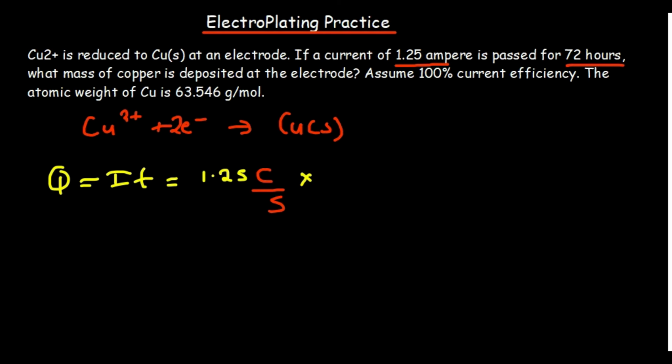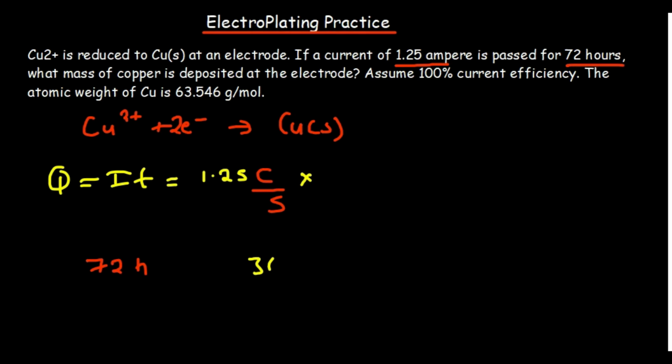Now we've been given 72 hours. Now we understand that in an hour you have 60 minutes. Now in every minute you have 60 seconds. So if we are to determine how many seconds are in an hour, we would say 60 times 60, right?